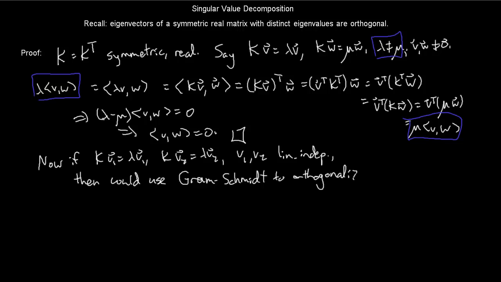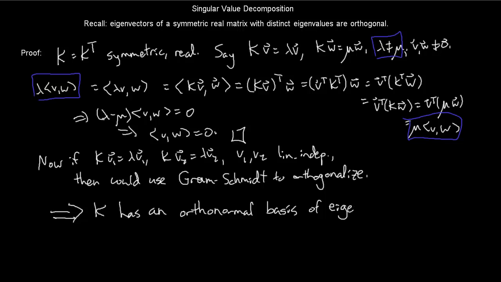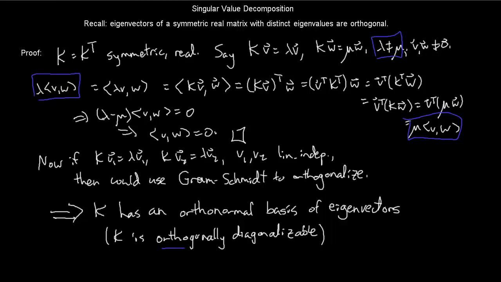So you can prove that every symmetric real matrix has an orthogonal, or even better, orthonormal basis consisting of eigenvectors. For distinct eigenvalues, they're already orthogonal, and within an eigenspace, you can use Gram-Schmidt to orthogonalize your basis of eigenvectors, which means that your symmetric matrix is not just diagonalizable, but orthogonally diagonalizable. The change of basis matrix will in fact be an orthogonal matrix. Okay, this will be useful in the next slide.